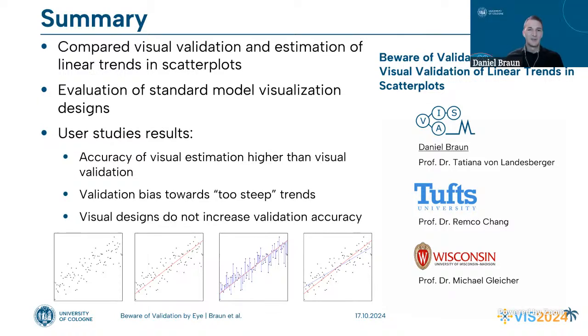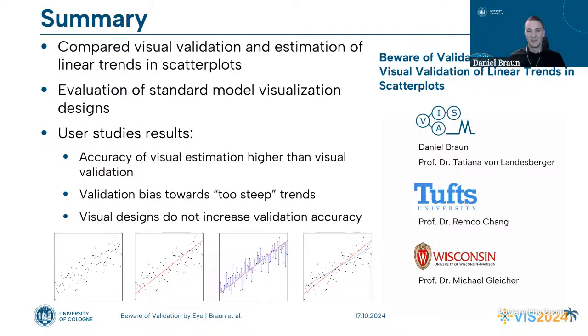So to answer the first question, the estimation task was set up in a way that people saw the raw data and then had a slider to adjust the slope of the trend line, which was then visualized at the moment they moved the slider. And the second question, why was the estimation task perceived easier? It's a good question.